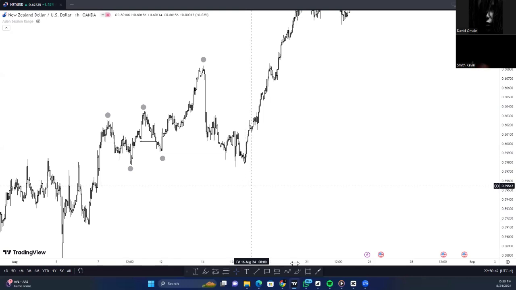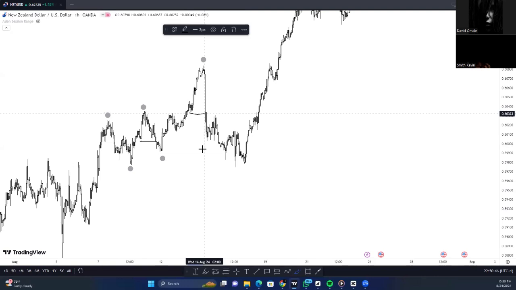Inducement is the recent one. Engineered liquidity is the first, and structural liquidity is the overall low or high of the market. But this is what I will explain later in the future, so don't get yourself confused. No need to worry about this, you understand?